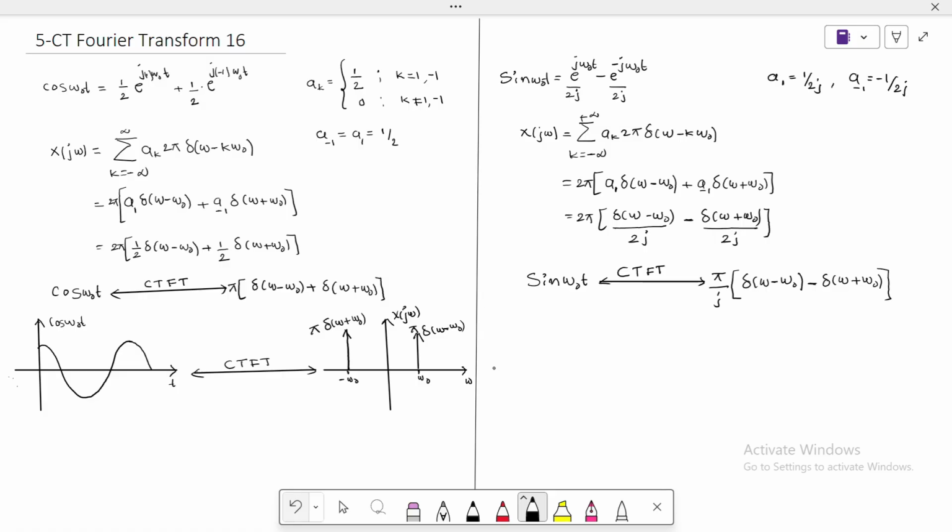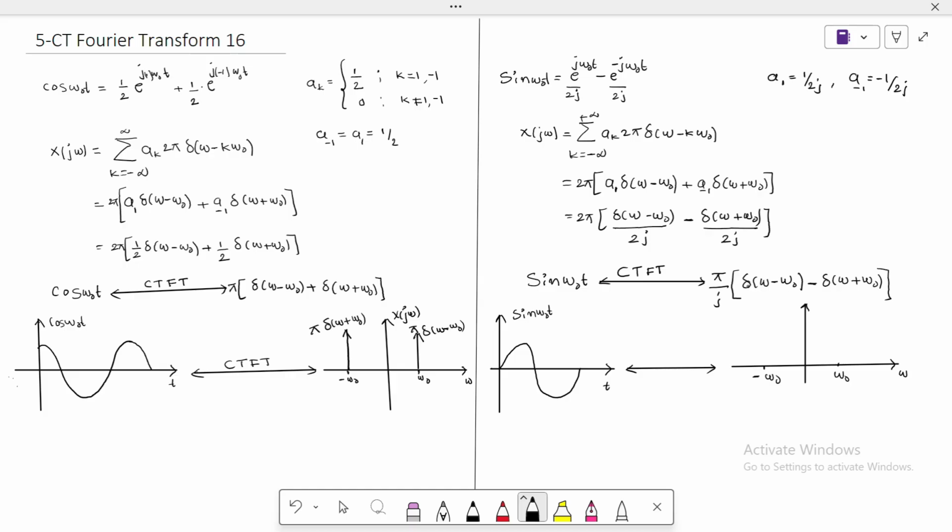Coming to the sine function, this is omega naught and minus omega naught.